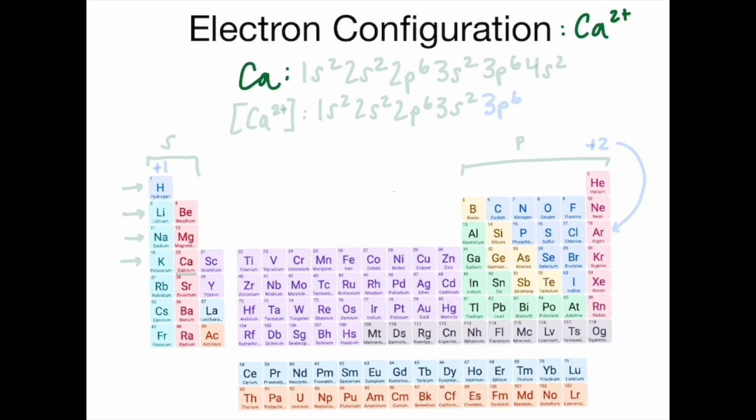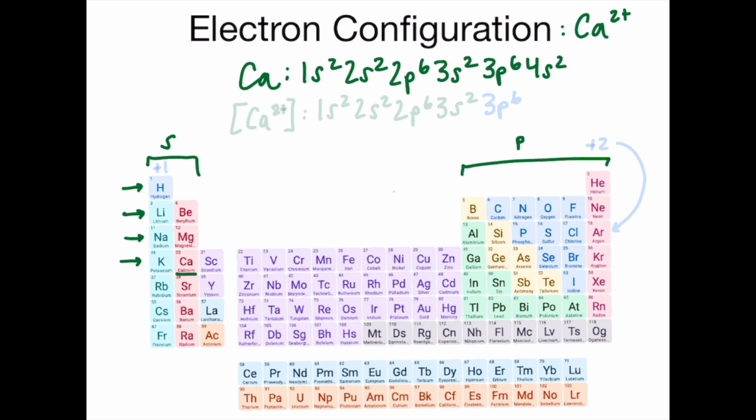So we'll start in the first period with 1s2, then we'll go through the second period, and looking at the S block, we'll do 2s2, and then considering the P block, 2p6, then with period 3, 3s2, 3p6, and we're down in the fourth period, and we see that calcium is in the second column, and so as a second group element, we can write it as 4s2.